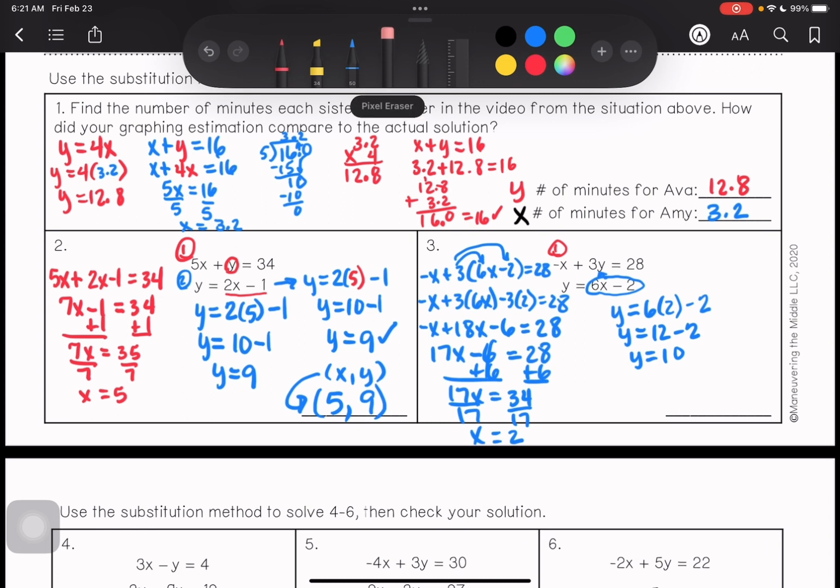X was 2, so that's negative 2 plus 3 times 10 equals 28. That gives us negative 2 plus 30 equals 28. So 28 equals 28. I know my solution is correct. And that solution, x is 2, y is 10.